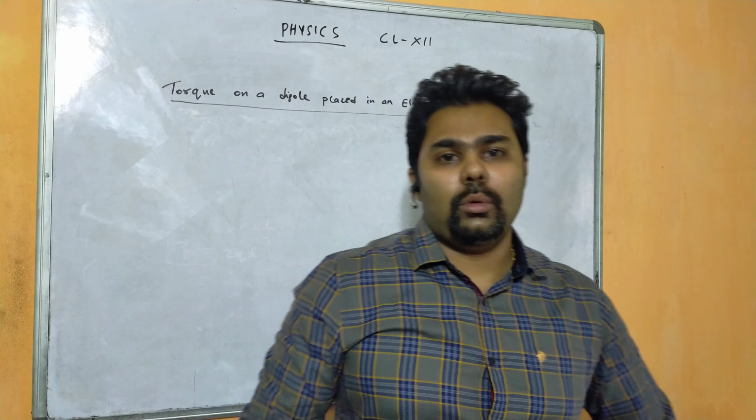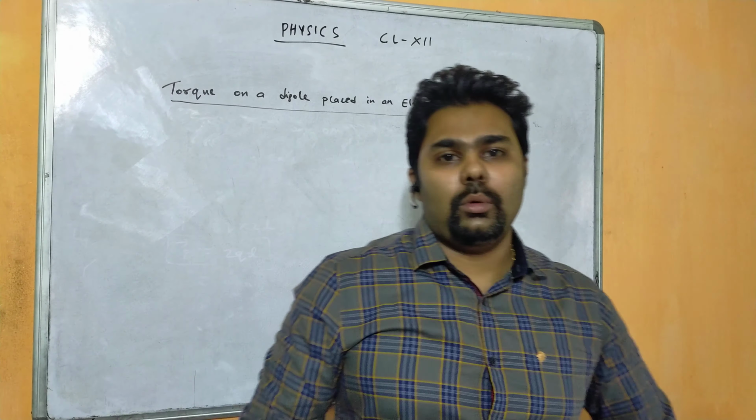But if you consider a line charge, that is charge in the form of a line with linear charge density, then it will create a Gaussian surface cylindrical in shape. So when it is a point source, it produces a spherical Gaussian surface, and if it is a line, it produces a cylindrical Gaussian surface.